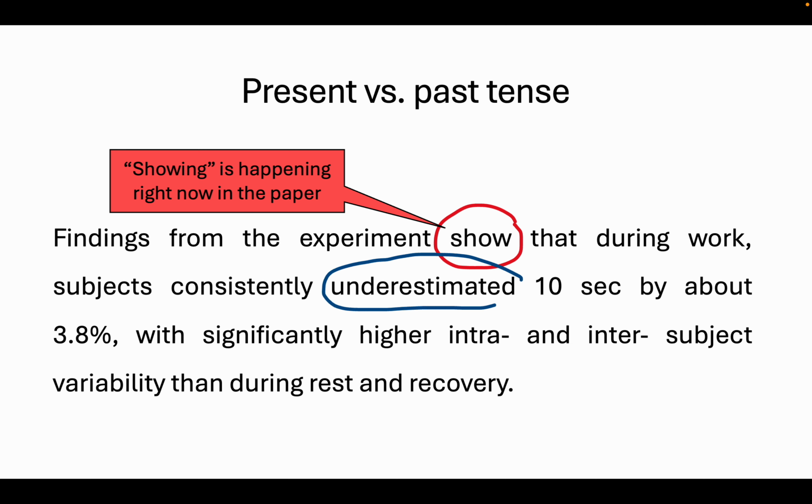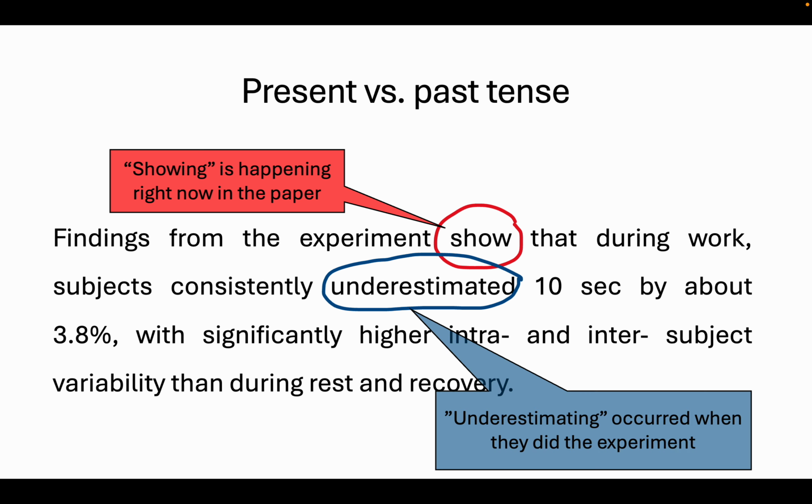However, for this case, it says underestimated, because you underestimated this result when you were doing the experiment. So it means that the experiment was done in the past and you underestimated it. All right, so you get the result. So that's why you have to use all this present and past tense, and you have to be very careful which one you have to use.